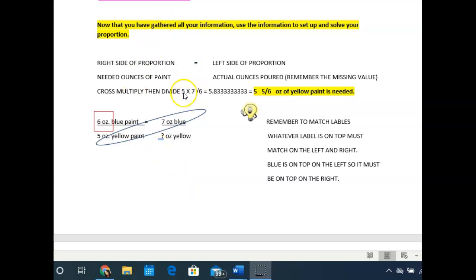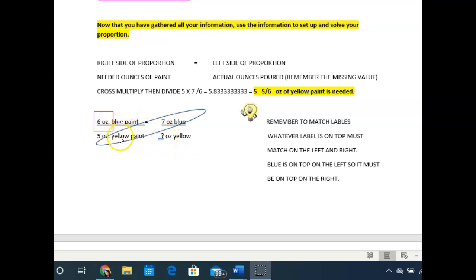So we're going to multiply number to number. If you ever want to remind yourself what to do for cross multiplication, you always multiply diagonally. If you want to know which way to multiply diagonally, it's always number to number. If we would have tried to cross multiply this way, it would have been number to variable, and that's not what we want to do.